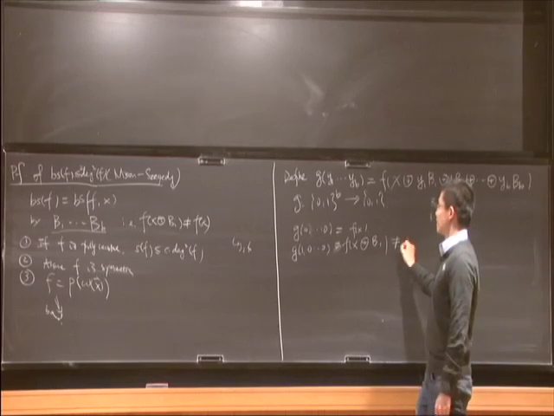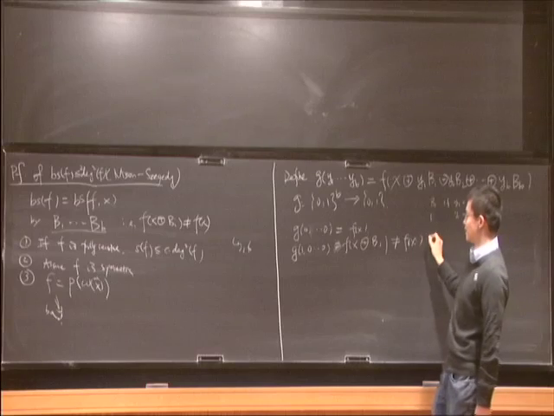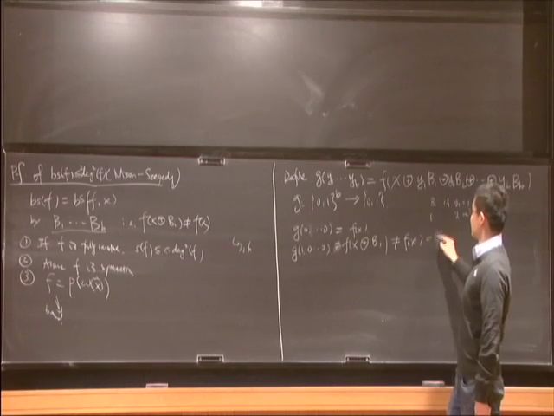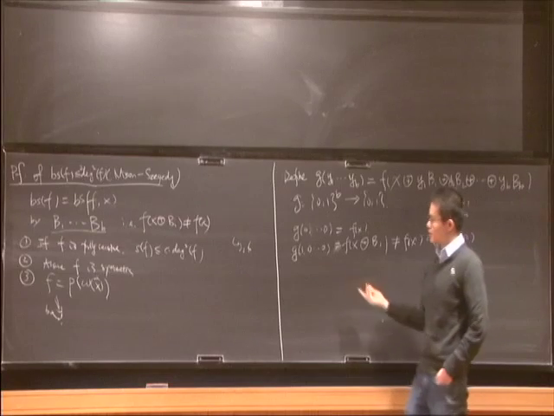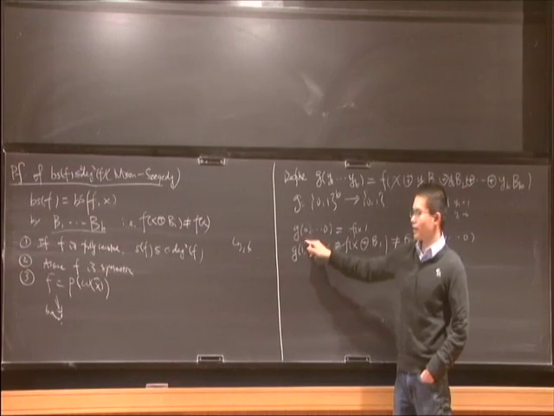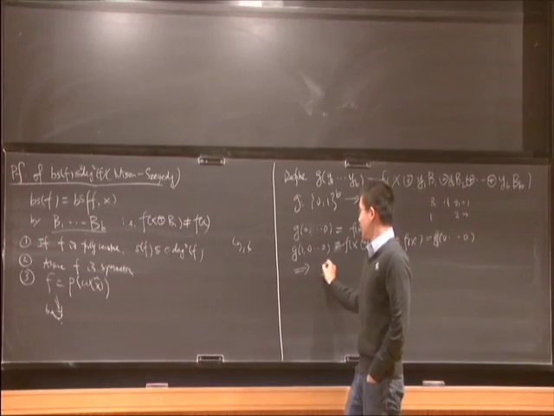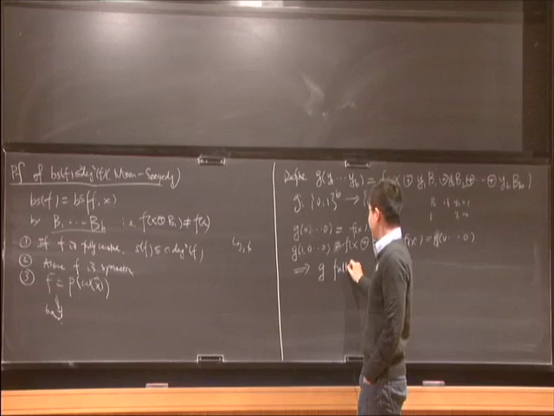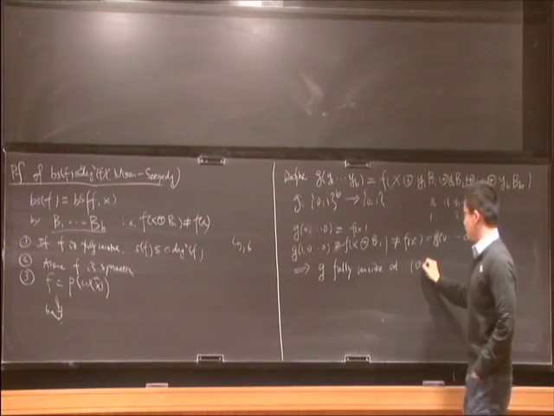And this is not equal to f of s, because we are taking the sensitive blocks bi, so it is not equal to g of 0. And you can do the same thing if you have any coordinate to be 1 and all the other coordinates to be 0. So basically, this implies that g is fully sensitive at the all-zero vector.